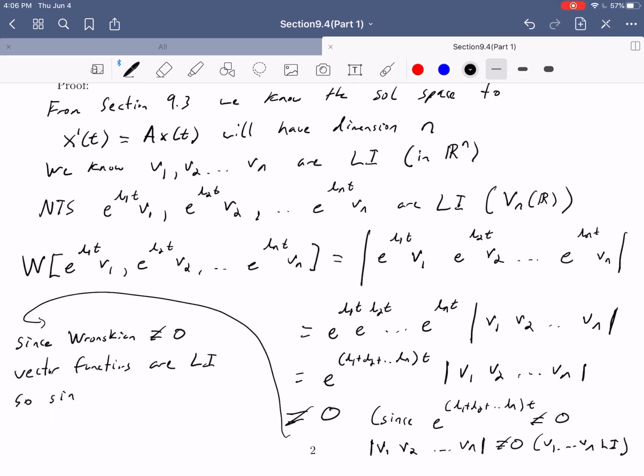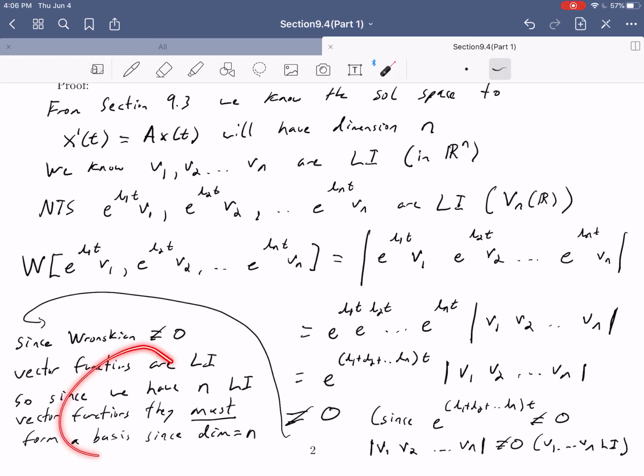So since we have n linearly independent vector functions, they must form a basis since the dimension equals n.